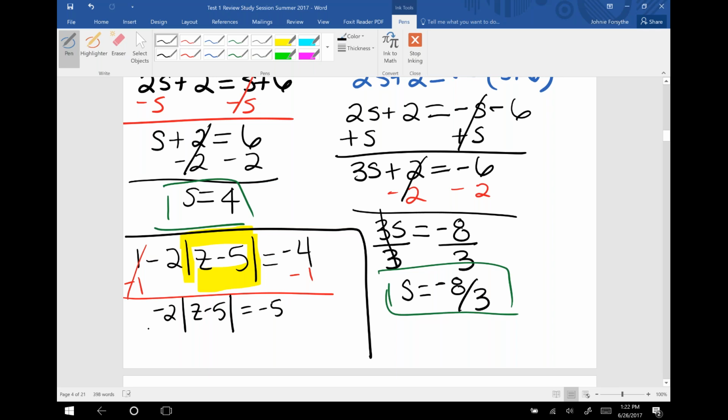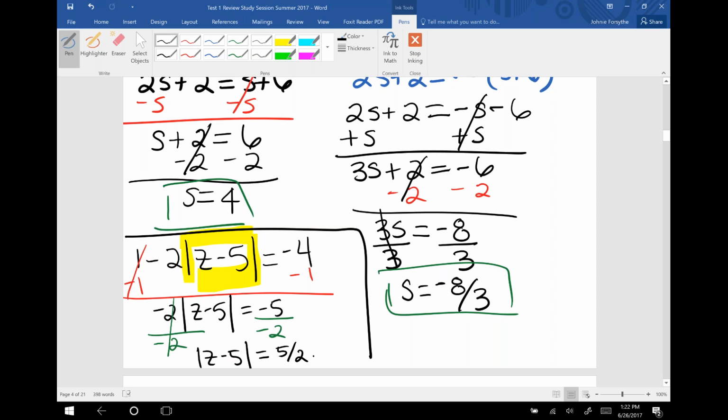Now we want to get rid of that negative 2 times the absolute value. So we're going to divide by negative 2, divide by negative 2. On the left, that cancels out, and I'm going to have the absolute value of z minus 5 equals negative divided by negative, which is a positive 5 over 2.